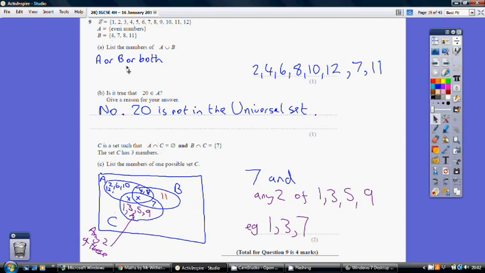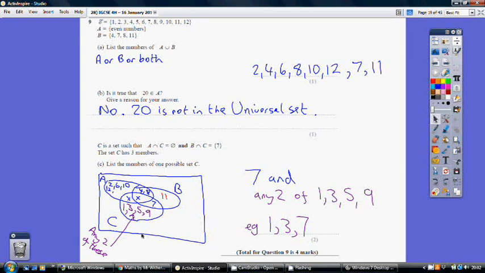Okay, 5 is not even or in B. 6 is even, we've already done 7. 8 is both even and in B, whereas 9 is a possibility for being in C, because it's neither even nor in B. It's not 4, 7, 8 or 11. 10's even, 11's in B, 12's even, and that's our whole universe.